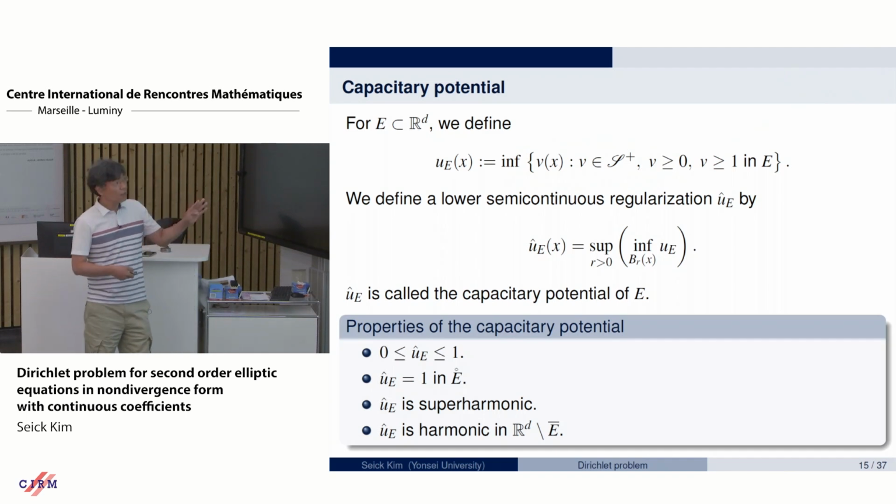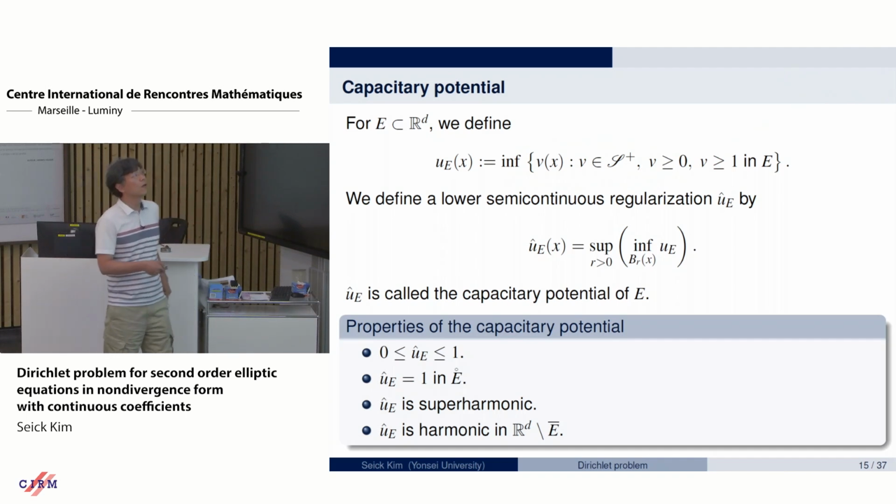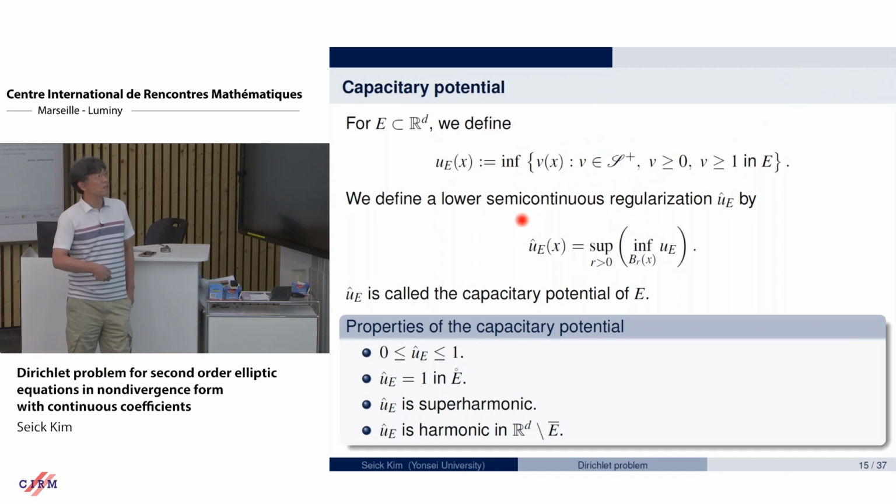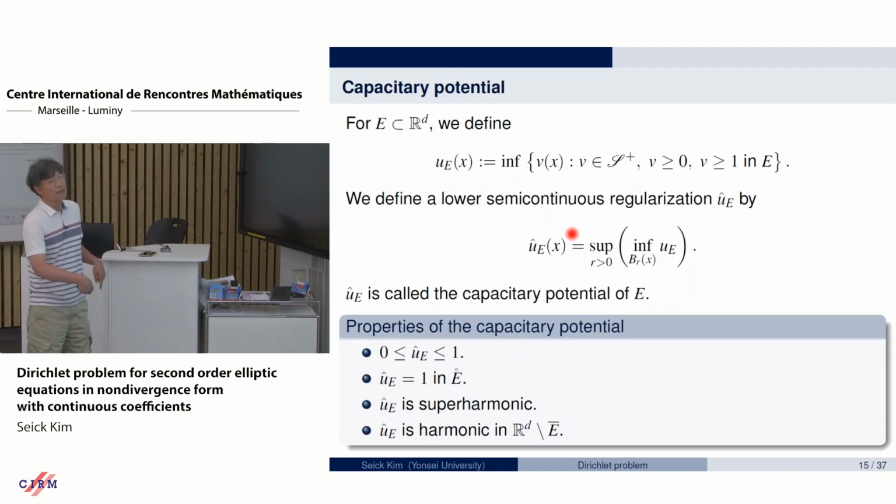You need a little bit more, because if you take the infimum, it is not necessarily lower semi-continuous. So you take the lower semi-continuous regularization like this, and this is called the capacity potential of E.